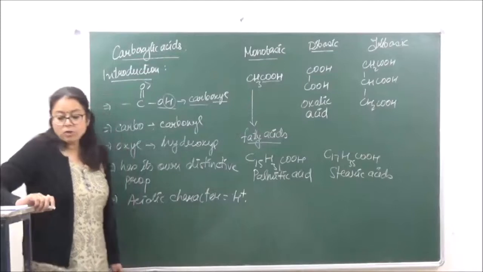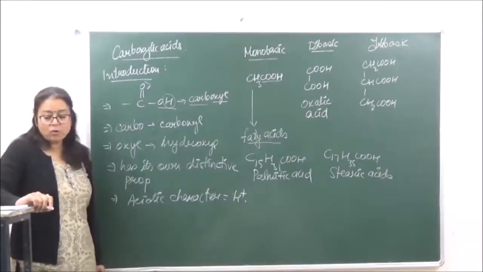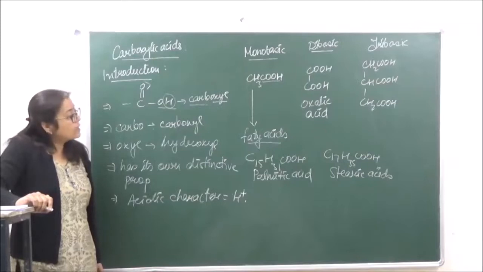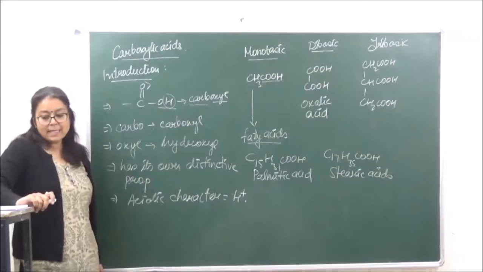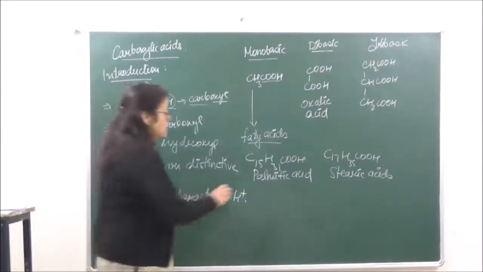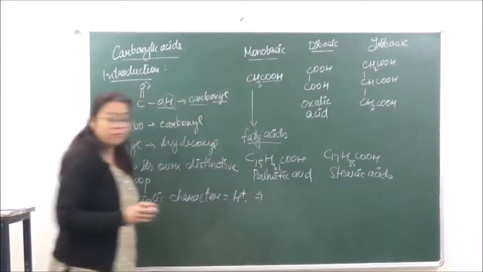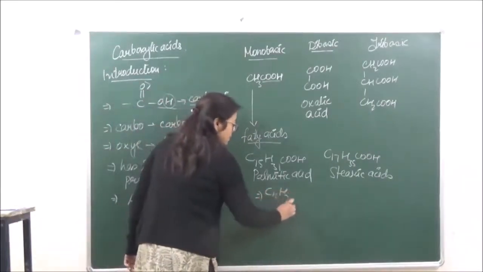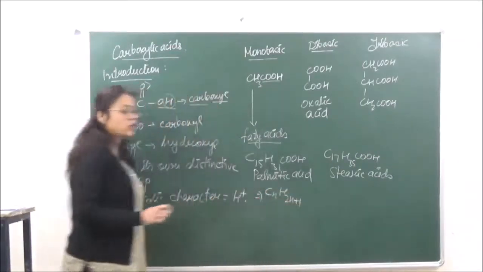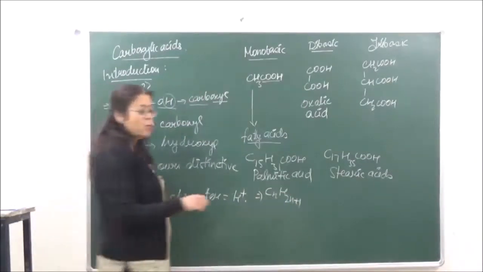Then after that we have saturated monocarboxylic acids also. All these are said to be saturated monocarboxylic acids. They all have the general formula of the type CnH2n+1COOH.